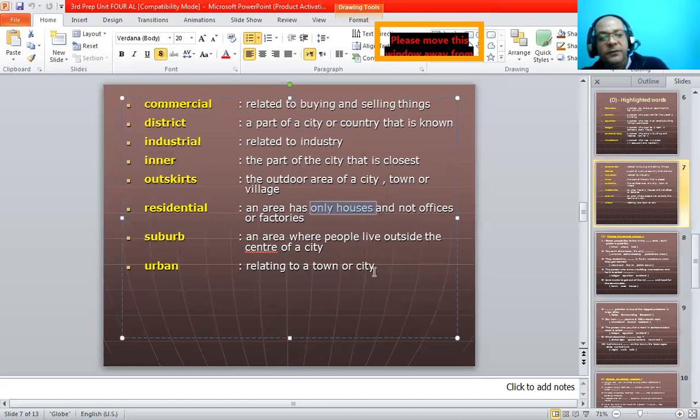Urban: relating to a town or a city, like Mohandessin, which is a civilized or modern area, and its opposite is rural, which means countryside.